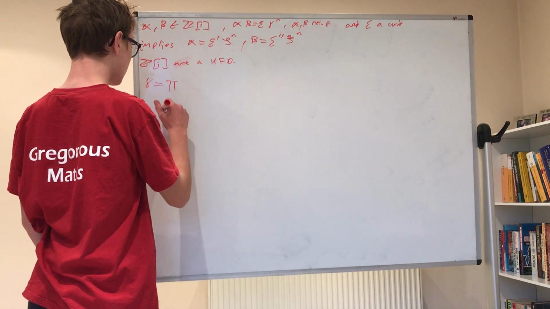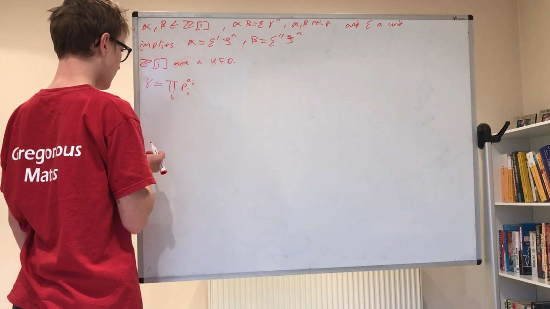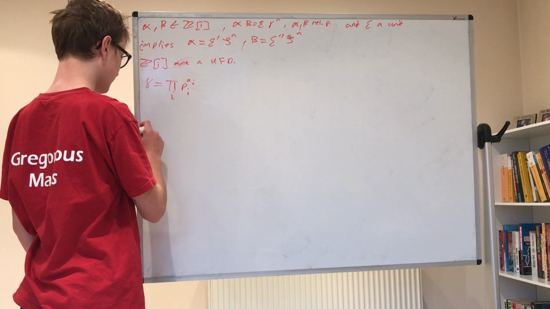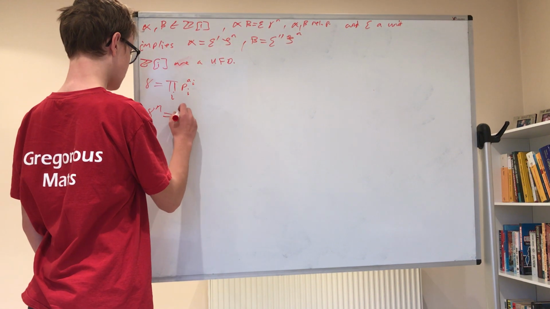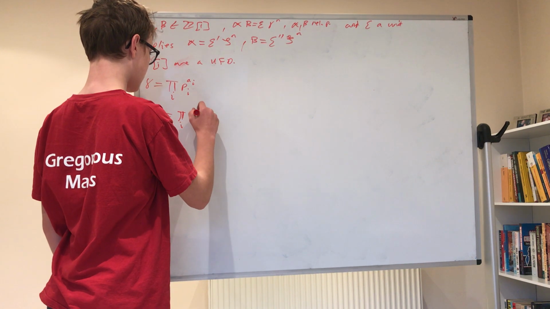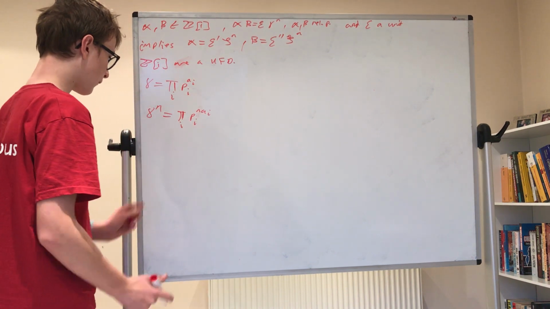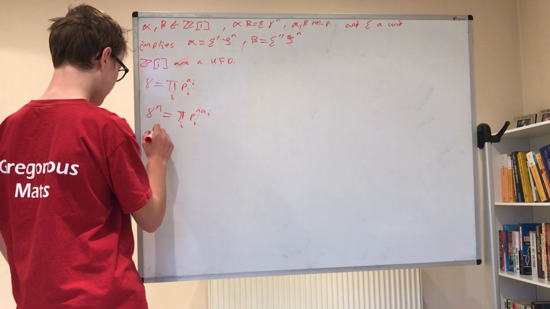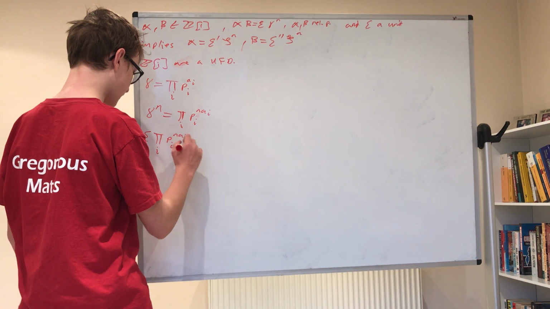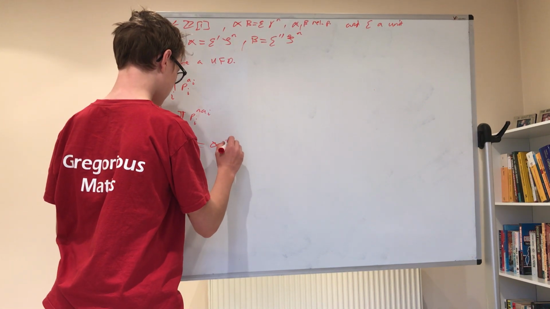So gamma is going to be a product over some i of pi ai. And therefore, gamma to the n is going to be a product over i of pi to the n ai. And therefore, epsilon times this product of pi to the n ai is going to be equal to alpha beta.